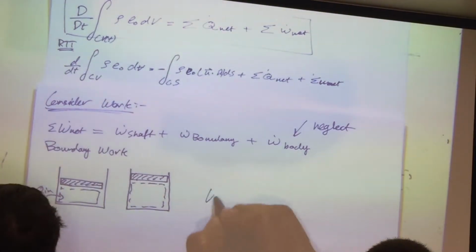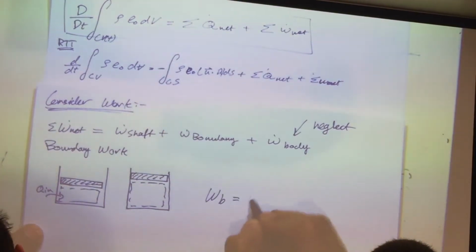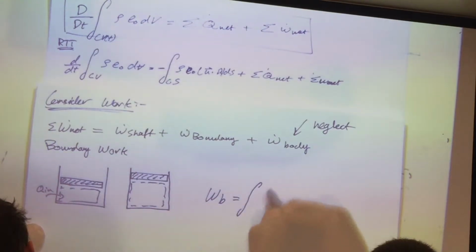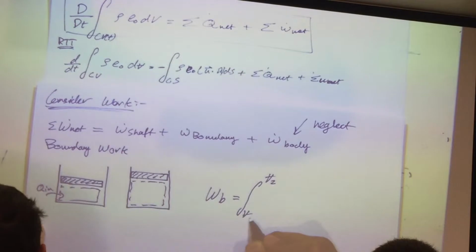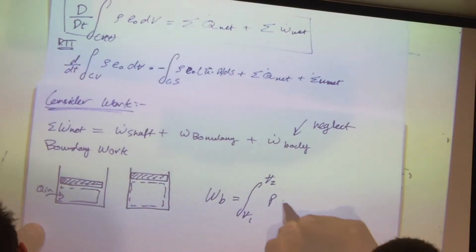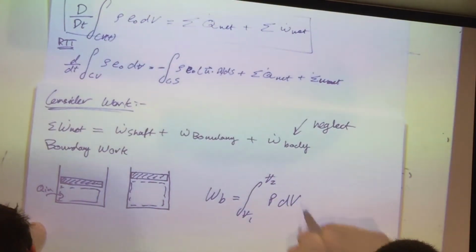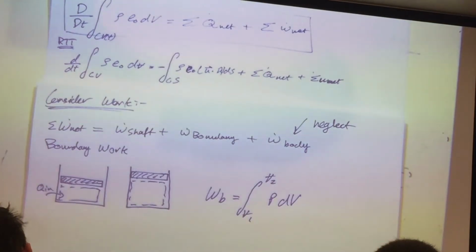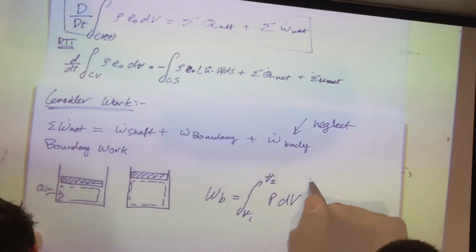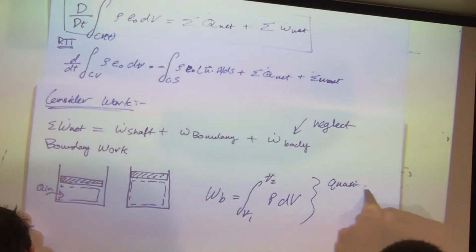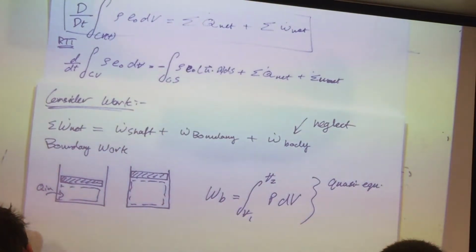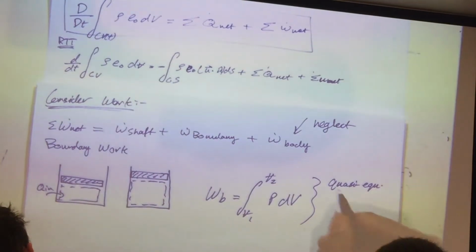So my boundary work is equal to the integral from volume 1 to volume 2 of the pressure, because it's constant, times the change in volume. And this is a quasi-equilibrium process.